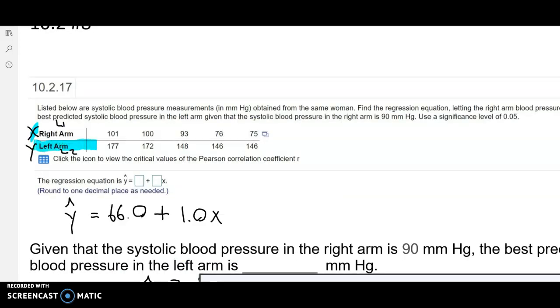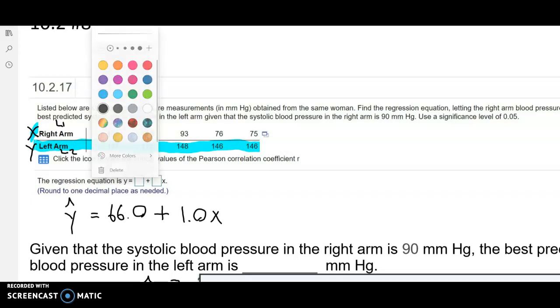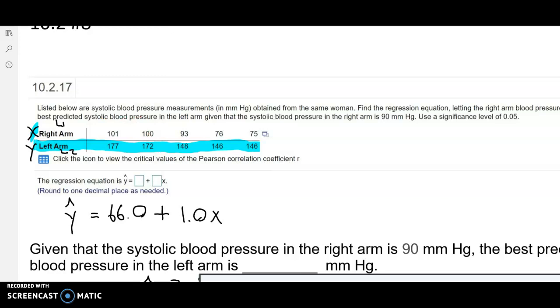The y values are the values given by the left column. So what we need to do to find the mean or average is to add up all these numbers and divide by the total number of items. So the sum of the items over the total number of items gives us our mean y bar.